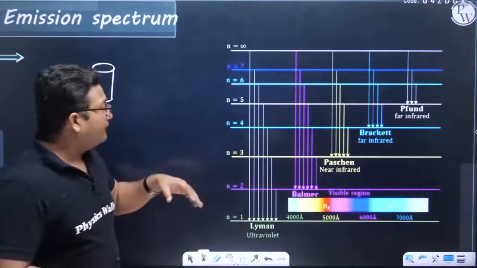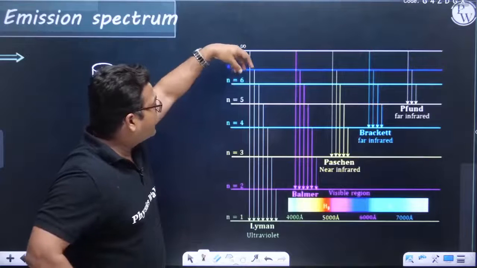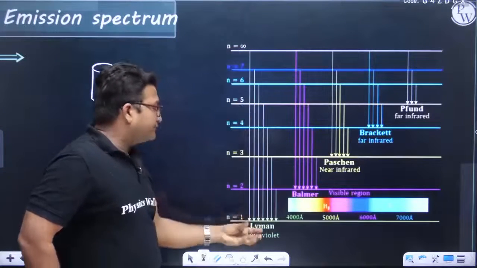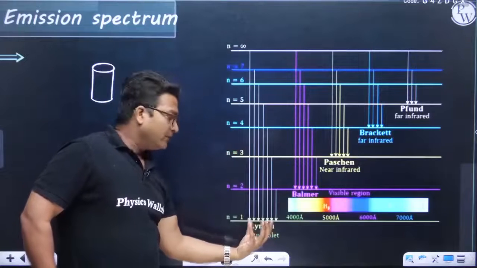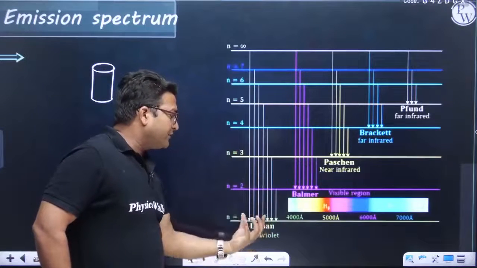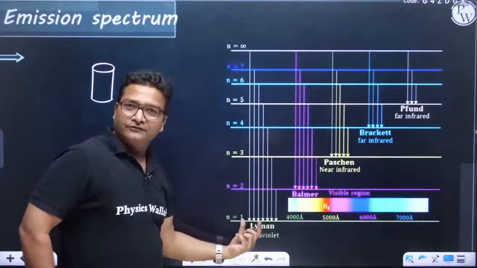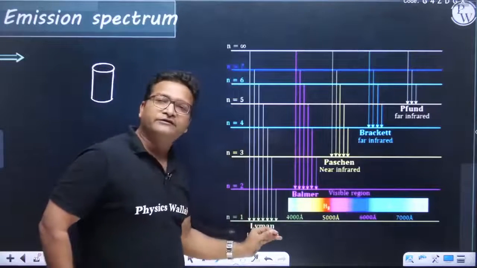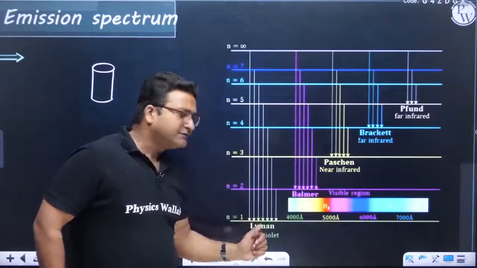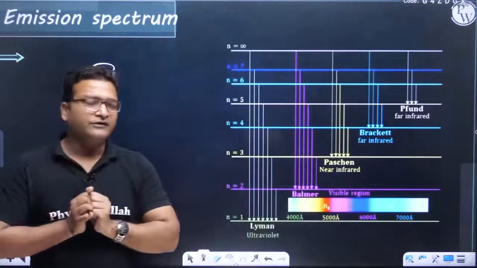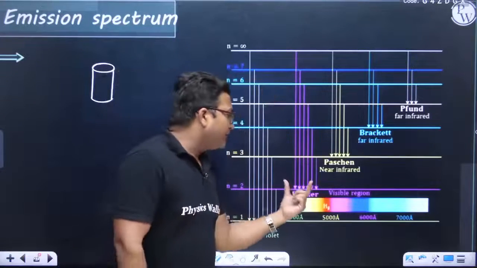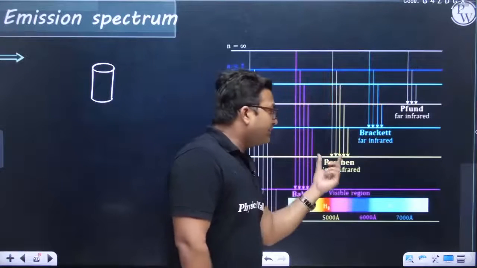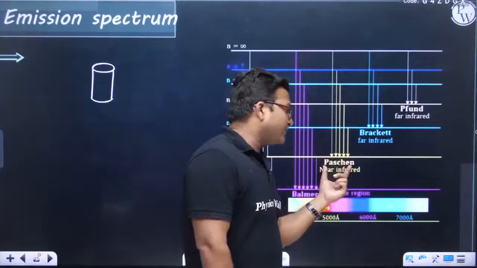So the electron has many more paths possible. If from any higher energy state the electron directly jumps to the ground state, we call this transition the Lyman series. Always remember, if the electron jumps directly to the ground state, all these transitions are called the Lyman series. If they jump to n equals 2, we call it the Balmer series. If they jump to n equals 3, it is the Paschen series.